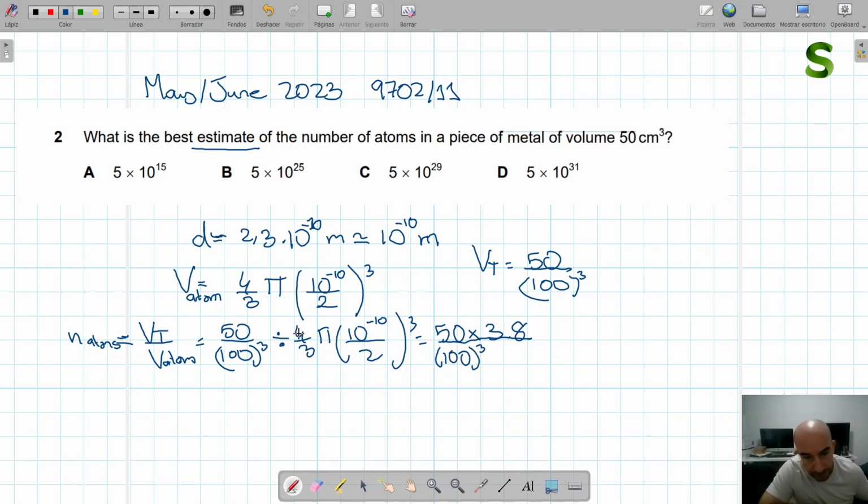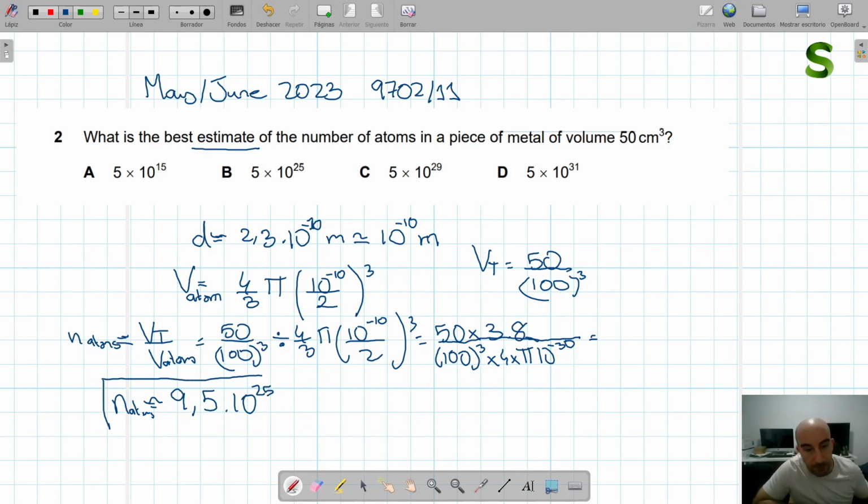And if we do the inverse, that's times 4 here, times pi. And 10 to the power of minus 10 cubed is 10 to the power of minus 30. So if we do this in the calculator, we get number of atoms is more or less 9.5 times 10 to the power of 25.